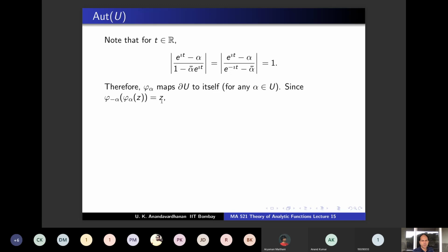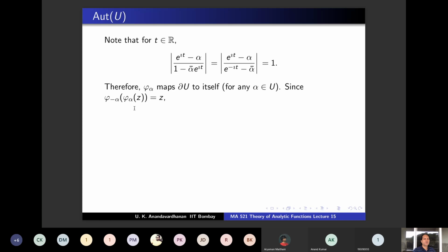If you take Z from the boundary of U, then it has a pre-image phi alpha of Z under the map phi minus alpha, and phi alpha of Z is in the boundary of U, and therefore phi minus alpha maps this to Z. So what you have shown is phi minus alpha, as a map from boundary of U to boundary of U, is onto.